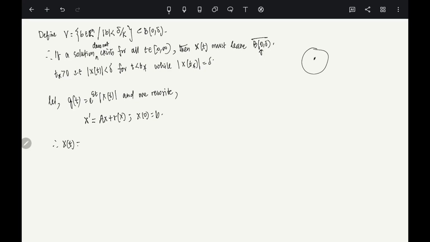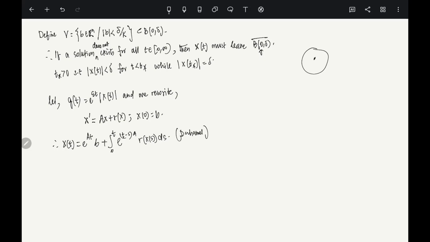It is e power At times x naught, which is b, plus the integral from 0 to t of e power A(t minus s) r of x of s ds. That's what x of t is, by Duhamel, if you remember Duhamel's principle. Why? Because in this case, the fundamental solution is e power At, right?